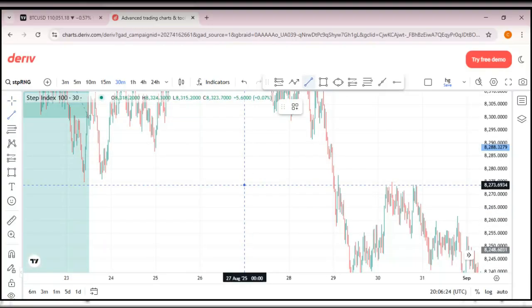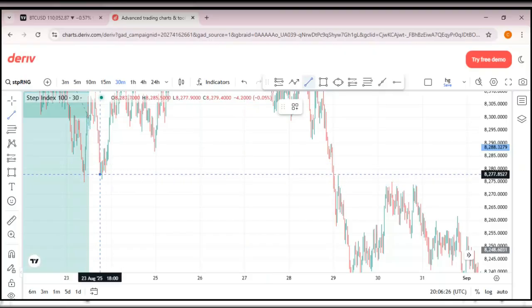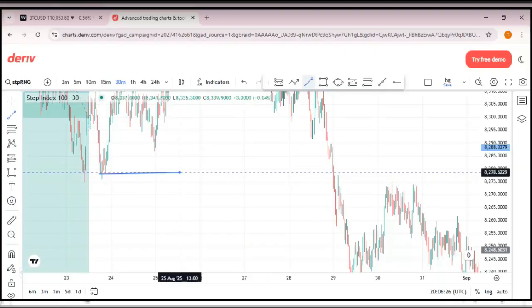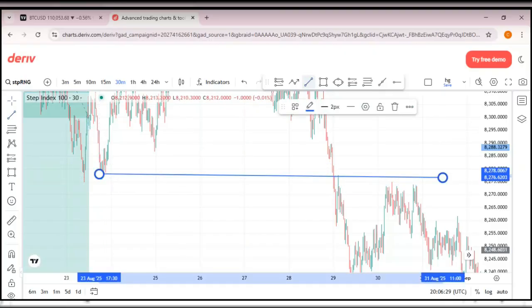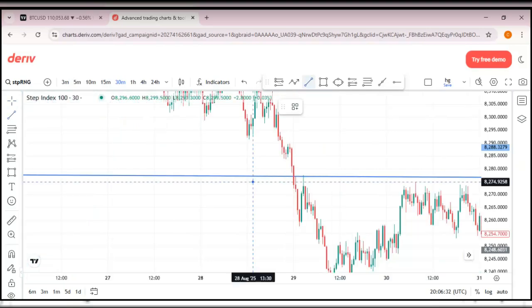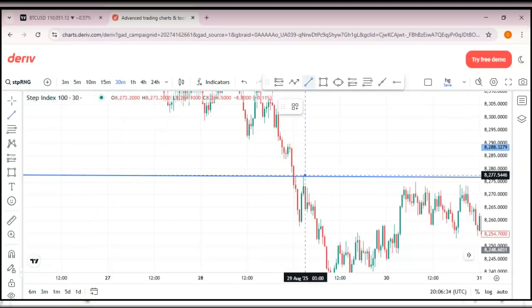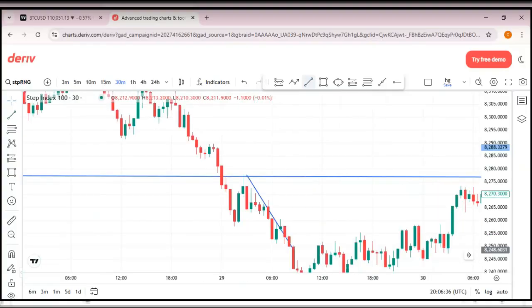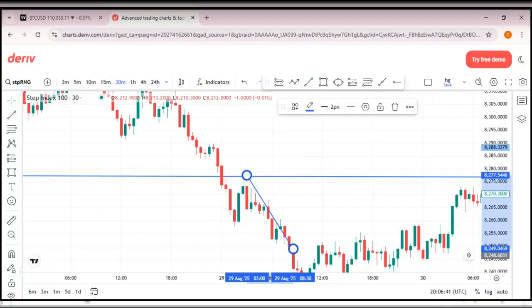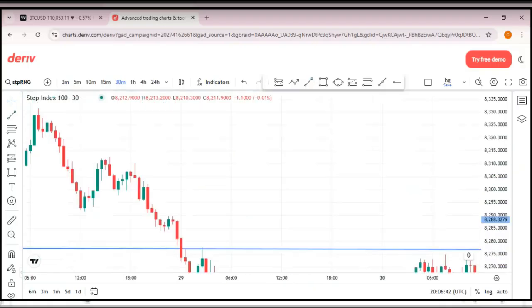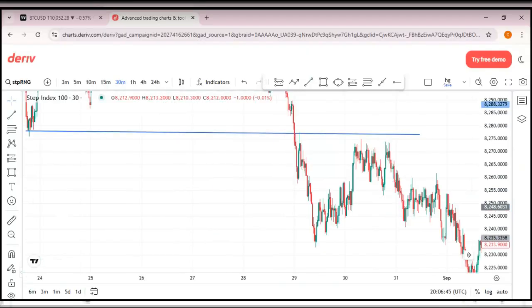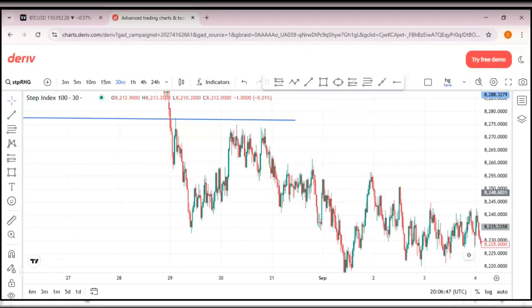There's also another one here. It seems like price is not tapping into it. Okay, price tapped into it here, this particular place. Then fell down. So it's a really nice entry pattern.